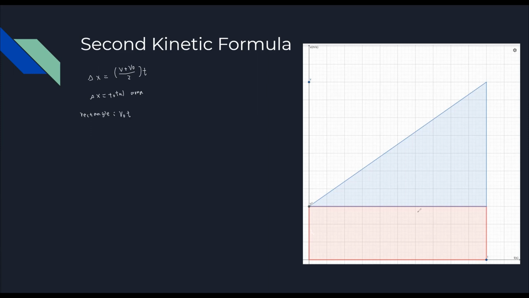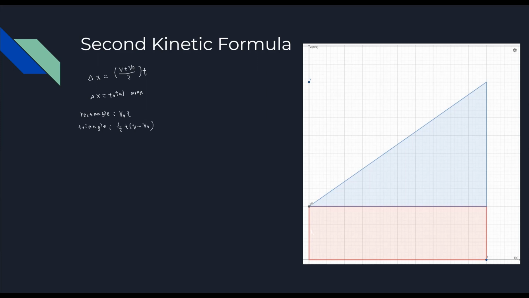Then we have the base of the triangle, which is again t, and the height being v, final velocity minus initial velocity, which gives you this length right here. So the area of the triangle would be half of time times final velocity minus initial velocity.